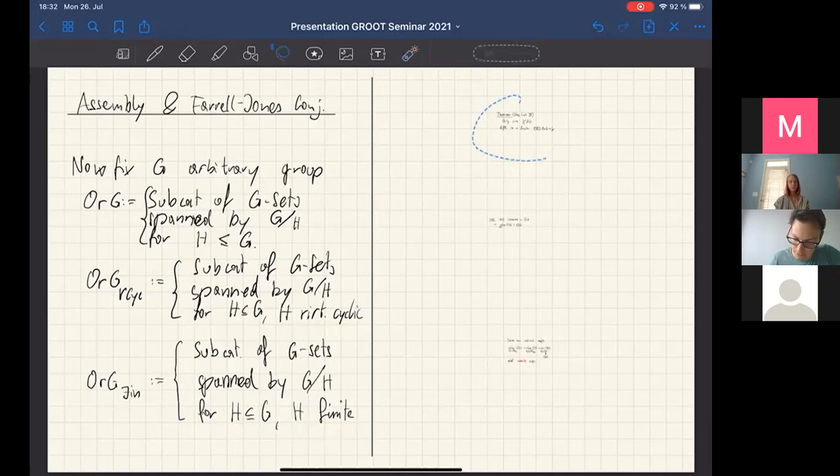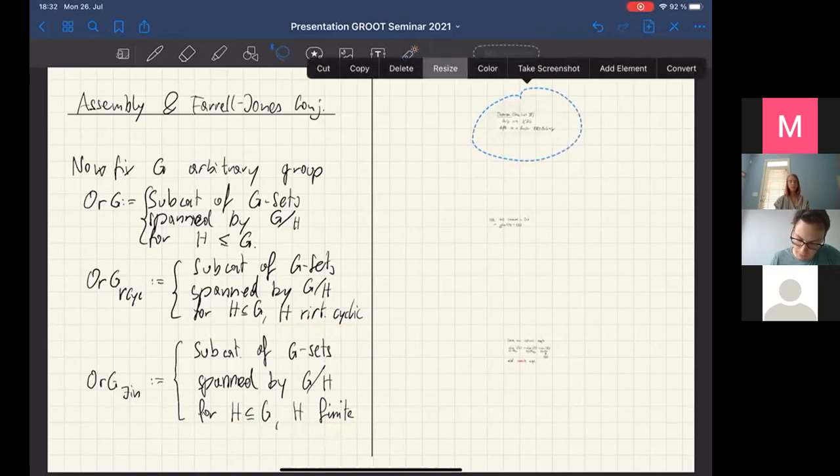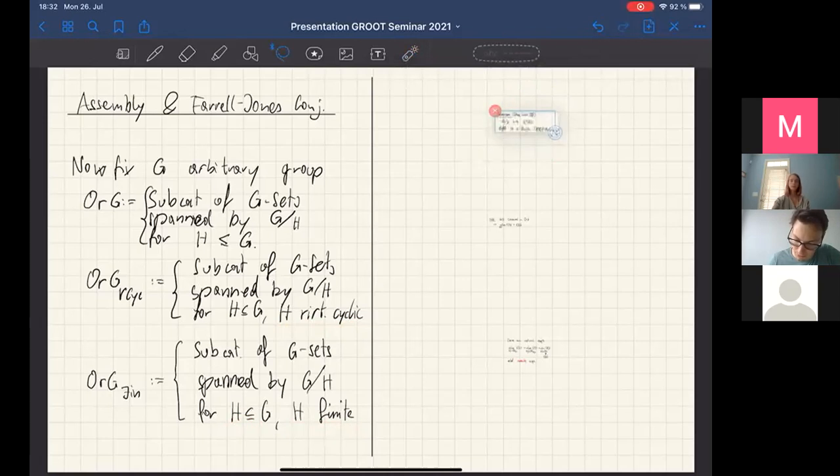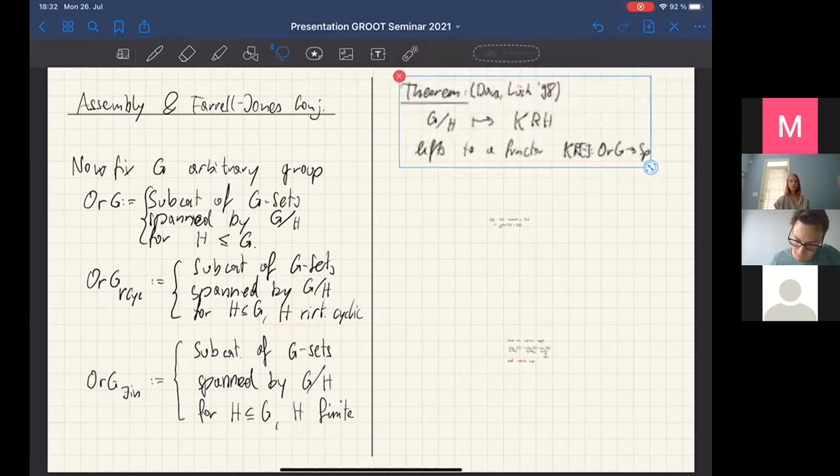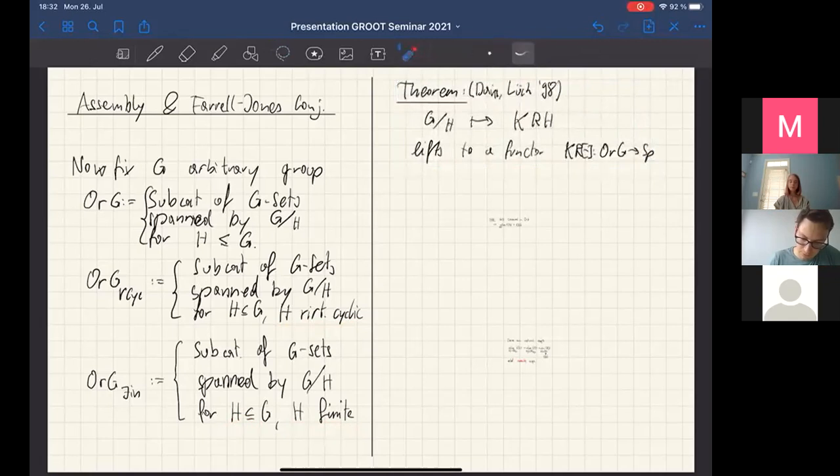And there's a really important paper that Davis and Lück wrote in '98, which is concerned with the construction of a functor that on objects G mod H gives you the K-theory of the group ring with H as input.